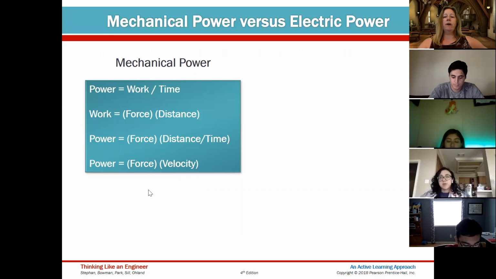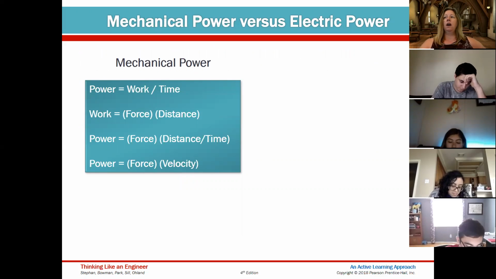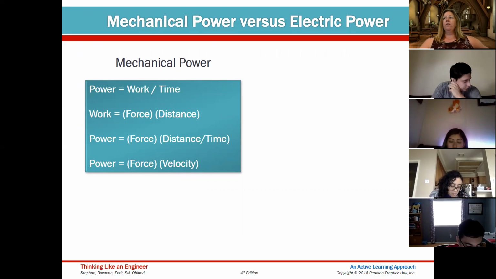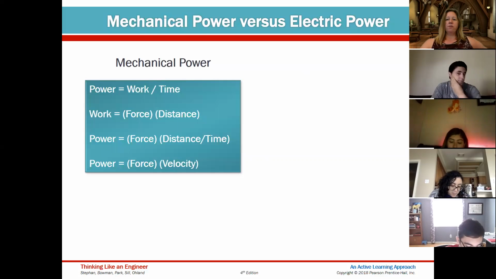When we're talking about electrical power, we're referring back to our mechanical power. So we've covered power, and power, remember, is work divided by time, or energy divided by time. That work can be broken down into a force times a distance, so power, when you break that down further, is really just a force times a velocity.